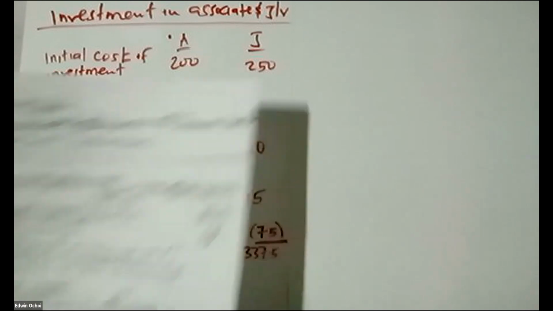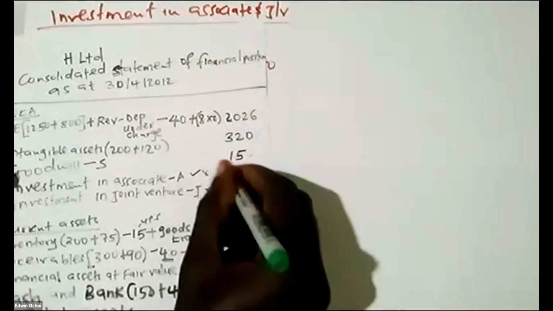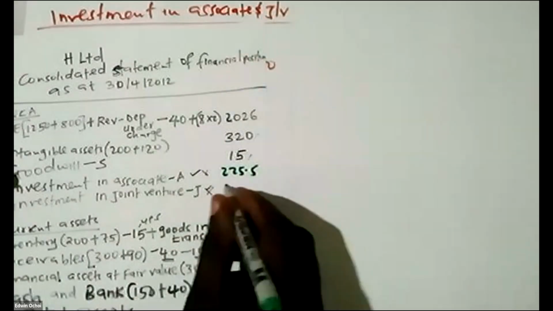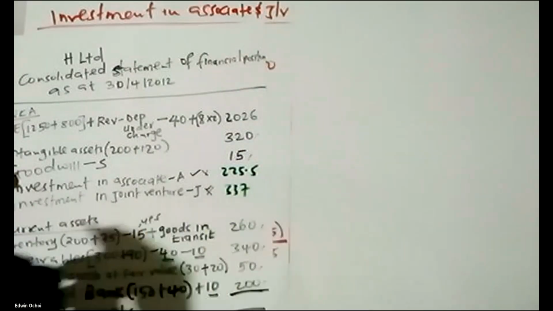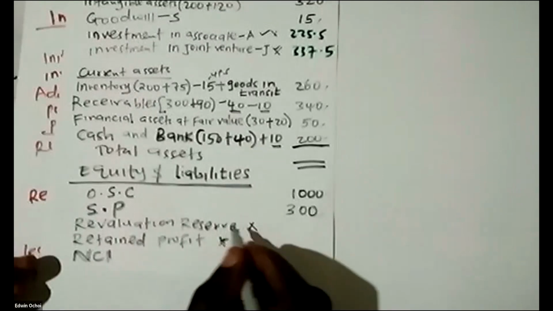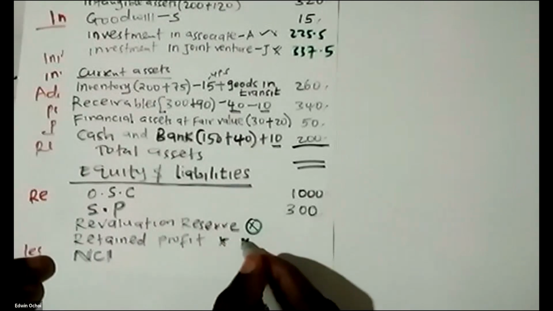So 225.5. Then here we have 337.5. So let us do the rest two. This and this.